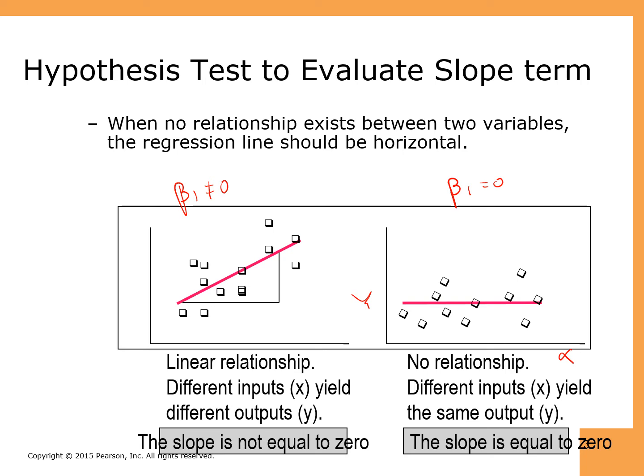When we're testing whether beta 1 is not equal to 0, we're saying that there is some sort of a slope, whether it's positive or negative. And what this is saying is that the x value changes the y value. So depending on what the x value is, the y value will be different. So there is some sort of relationship between x and y.